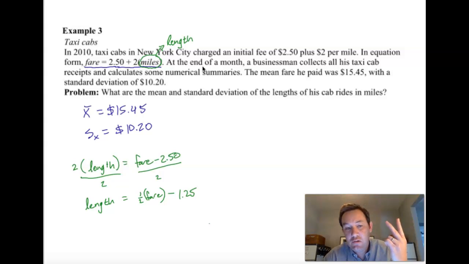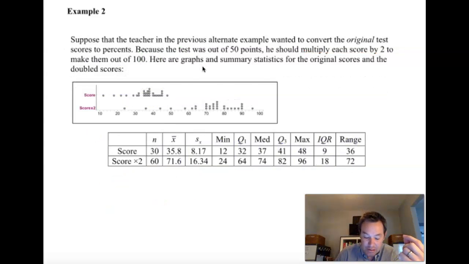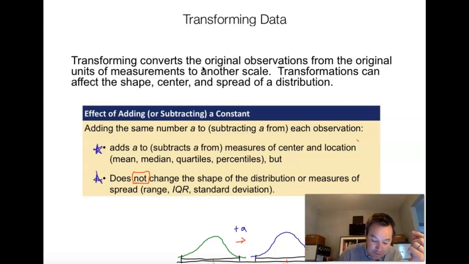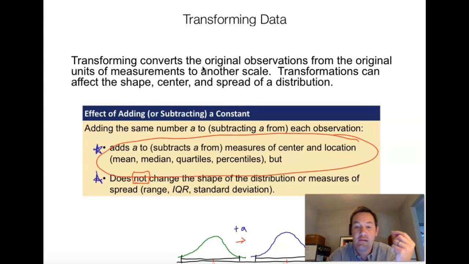And so what we can do is apply what we know about transformations of center and transformations of spread using this formula. So first of all, measures of center are impacted by multiplying, and they're also impacted by adding and subtracting.